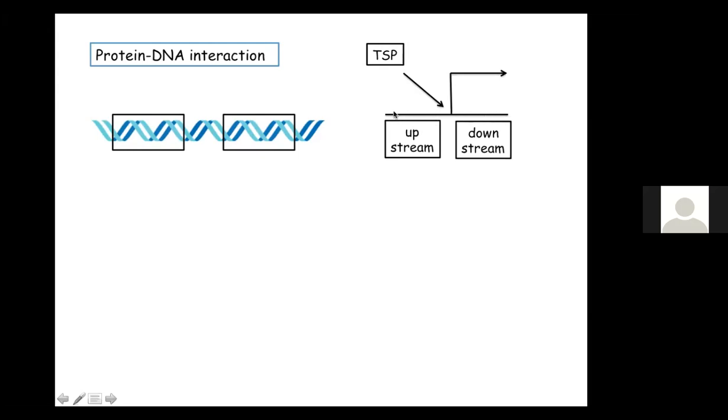The upstream part is the place where several molecules, which are protein molecules of course, could be RNA polymerase or some transcription factors. The transcription factors are biomolecules which start the process of transcription. And this arrow-headed point is called the transcription start point, TSP.